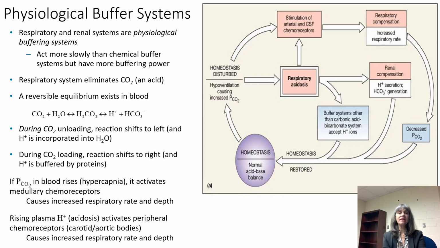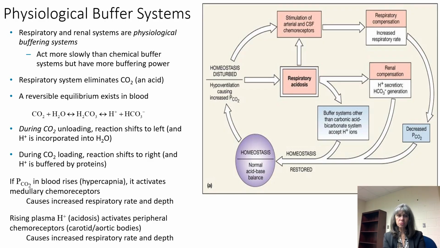When carbon dioxide is unloaded from our body, that reaction tends to shift to the left, and hydrogen ions are incorporated into water. During the production of carbon dioxide, that reaction is going to shift towards the right of this equation, and those free hydrogen ions are going to be buffered by proteins.